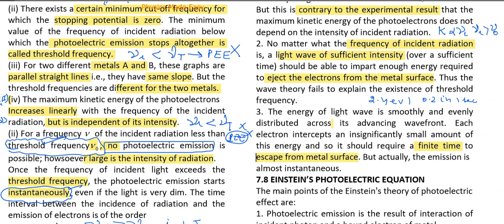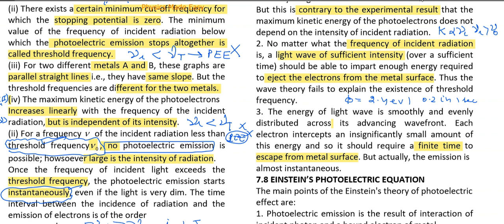Classical mechanics says that the electron will keep on storing energy as light falls on it, going on adding up, and once the acquired energy is equal to the work function, emission will take place.